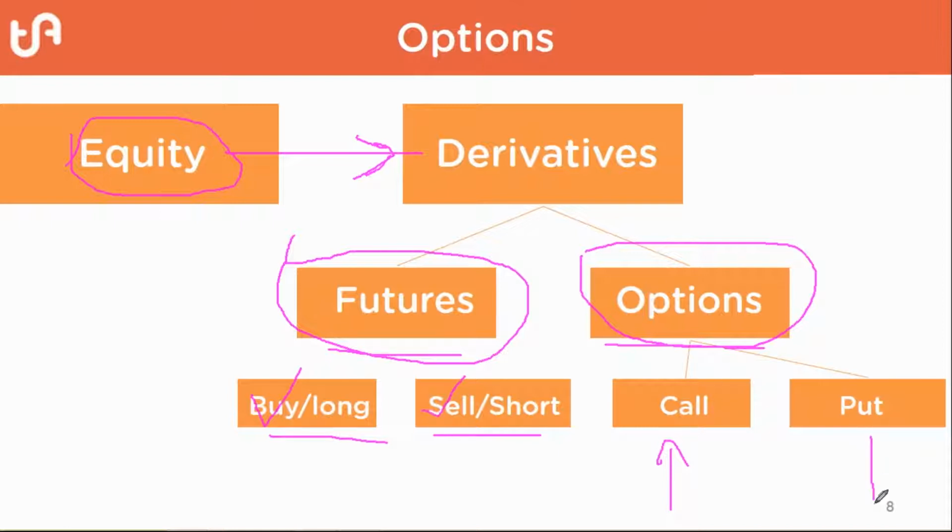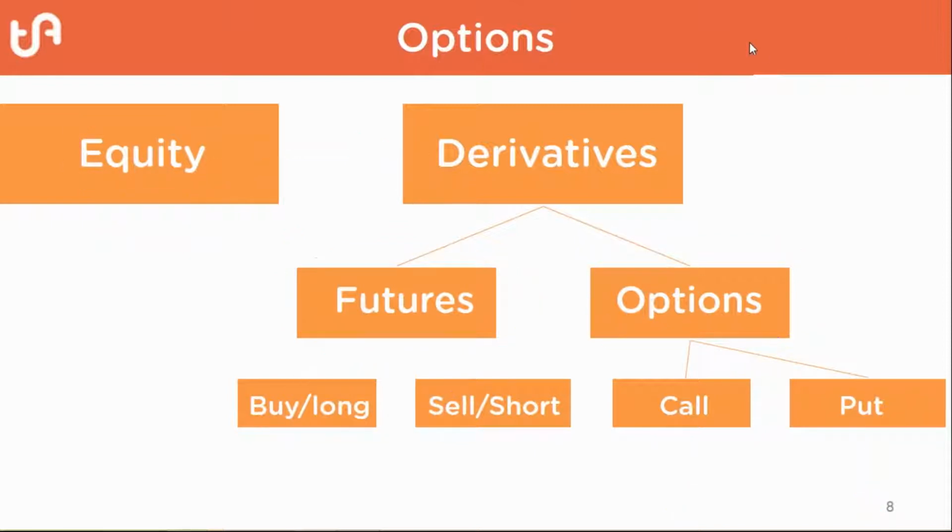And if you expect the market to go down, you always buy a put option. Always, in the sense of the strategy that we're going to study today. So we have the underlying stock, derivatives, divided into futures and options, in short called F&O. We'll look at what premiums are and how options work.